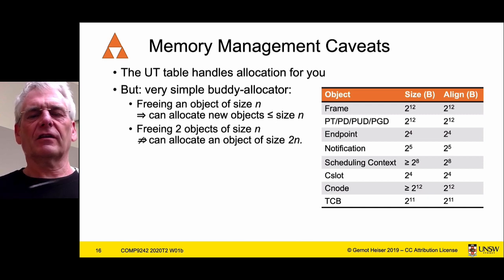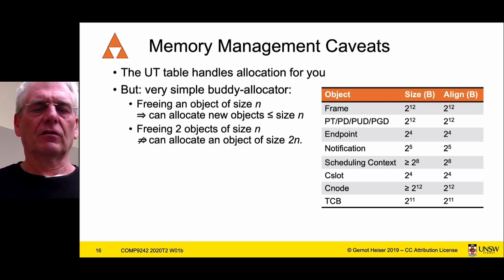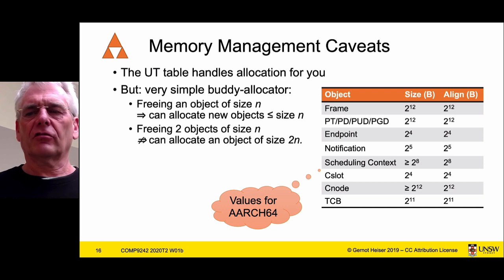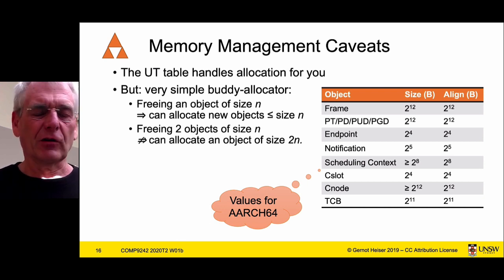The only exception is the thread control block, which is 2 kilobytes, which is surprisingly big. That's mostly because the floating point registers use up a lot of space and they need to be stored in the thread control block. These are AArch64 values.